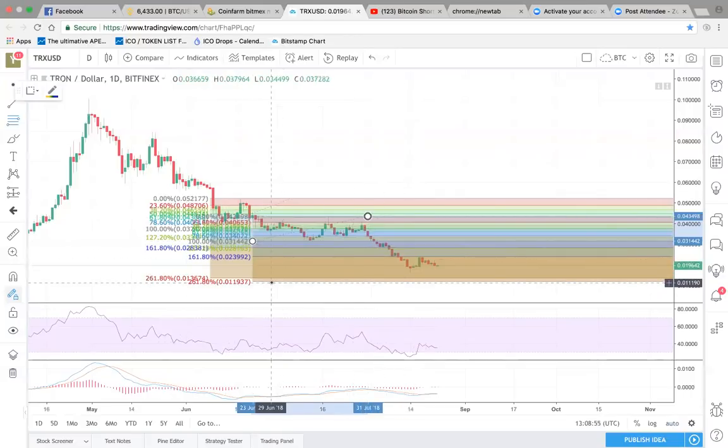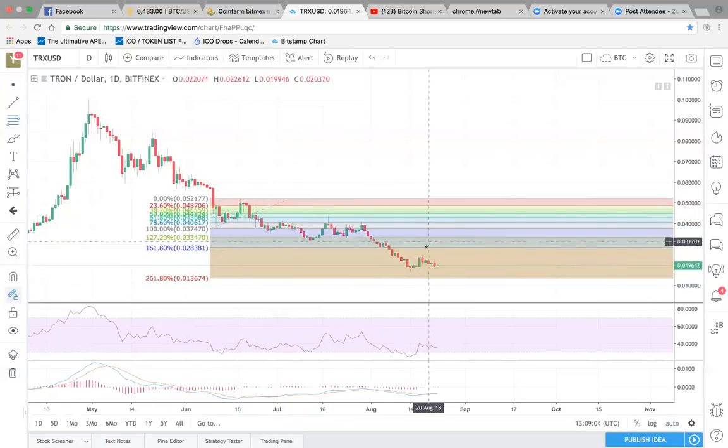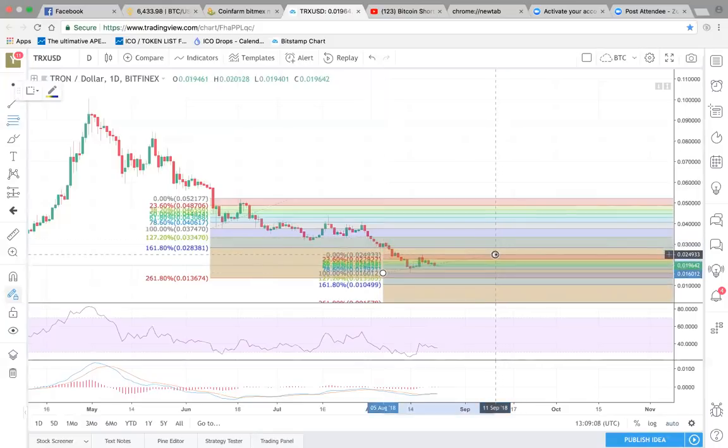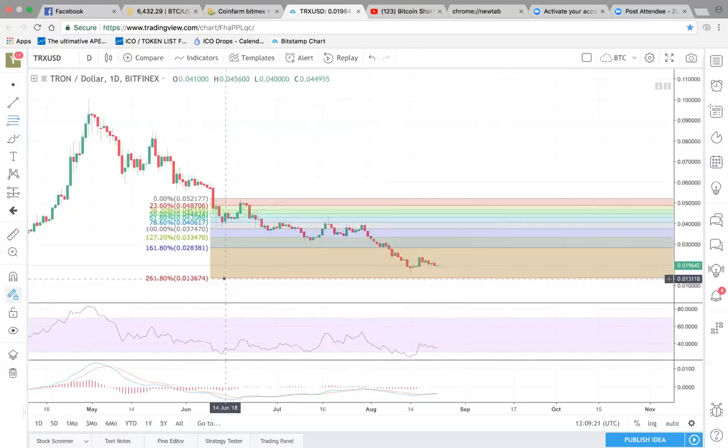So we have this 261.8 putting in at 1.1 cent and 1.3 cents. If we take this last move as well, let's see what it sits at. This 127, which is 1.3 cents, sits in line with this 261, which is 1.3 cents as well. So if we have to come down a little bit more, I see 1.3 cents as the low for TRX.